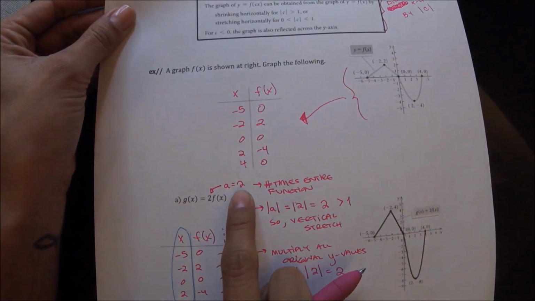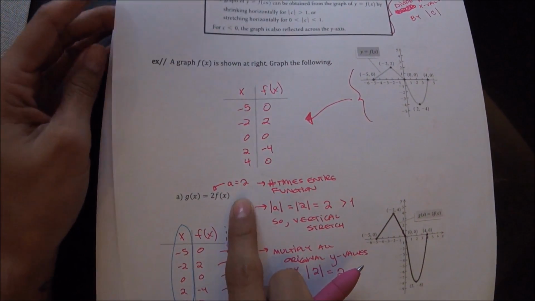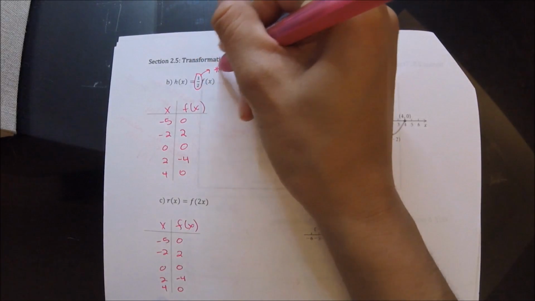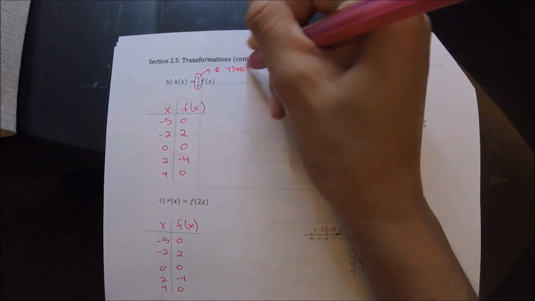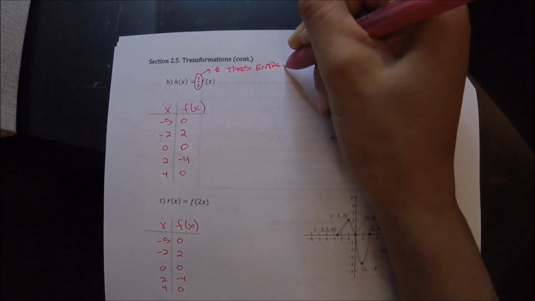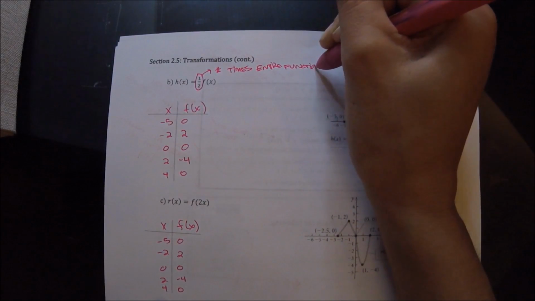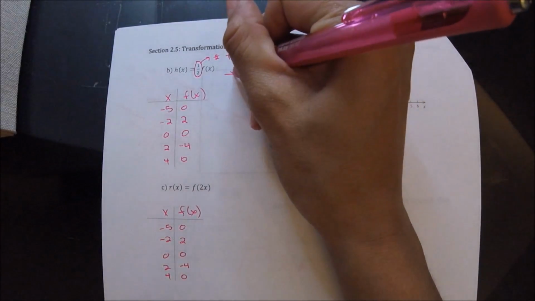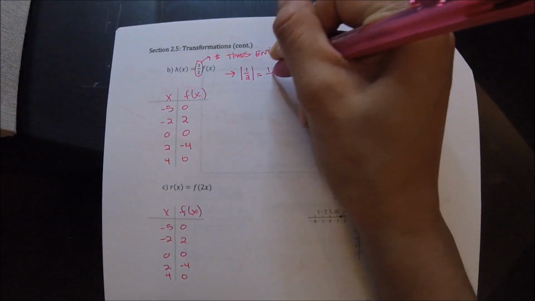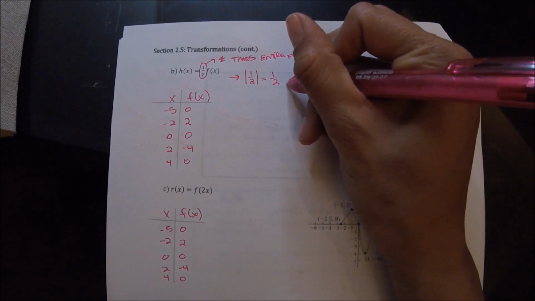Here the number was 2, but this time the number is a half. So here, this is a number times the entire function. And then if we take the absolute value of that number, we get a half.